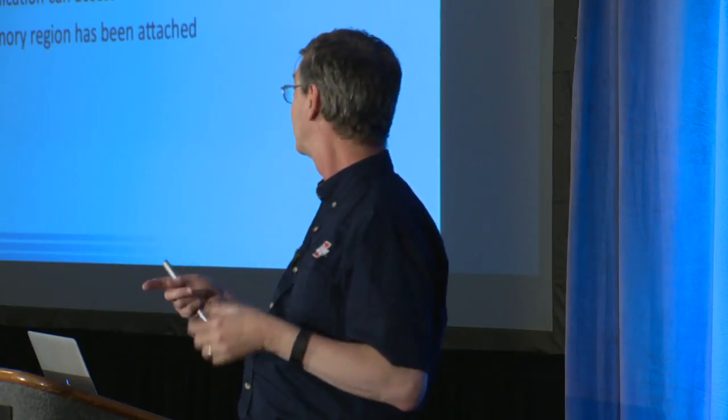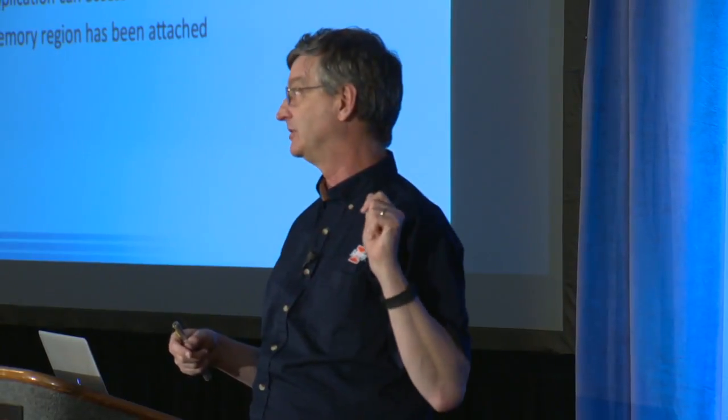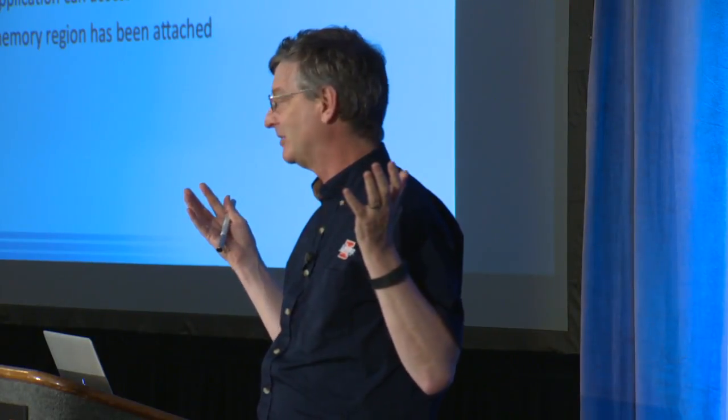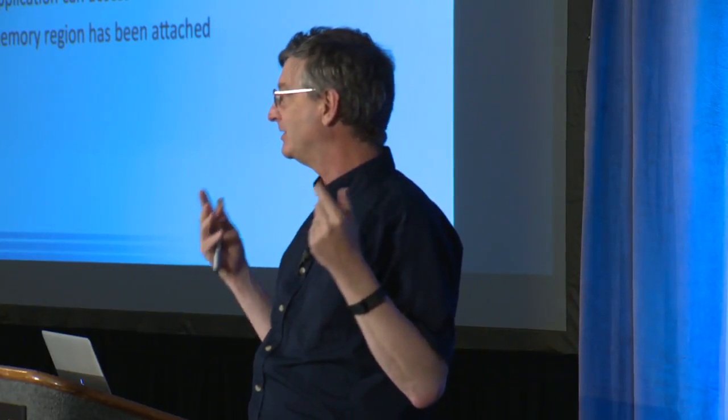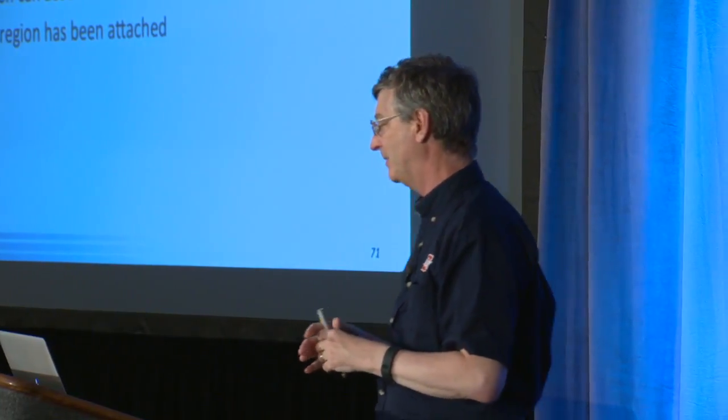Well, it can create a dynamic window like this and attach that memory to the window. Now, that's not going to be enough because no one else knows that I've attached the memory. So I'll have to let the other processes know somehow that that memory is there. But once I do, they'll be able to access it.